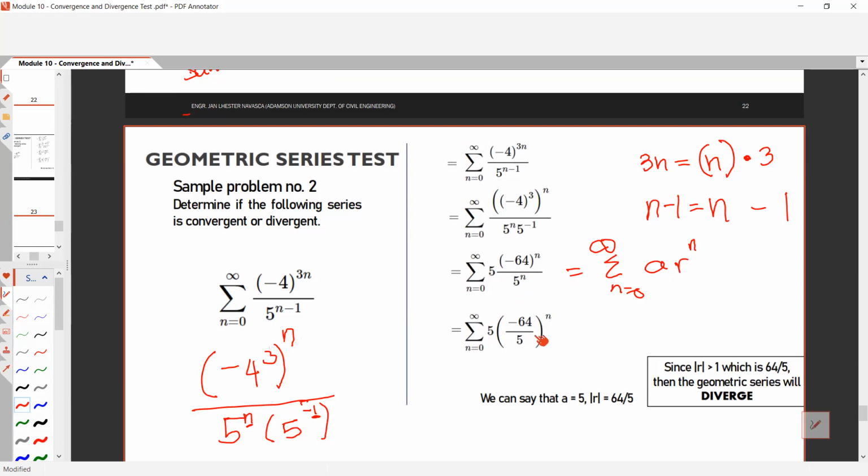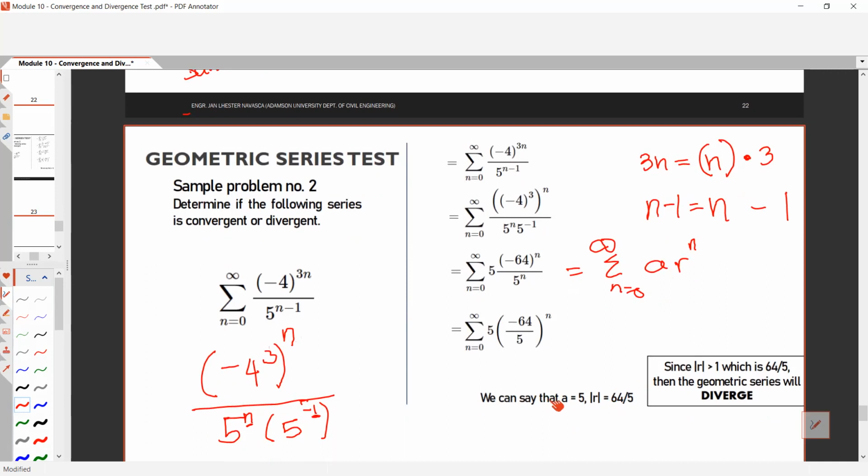Taking the absolute value, it is 64 over 5. Since r is greater than 1, the geometric series will diverge. Therefore, that is diverging.